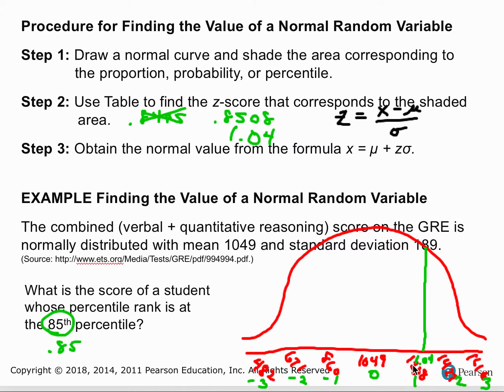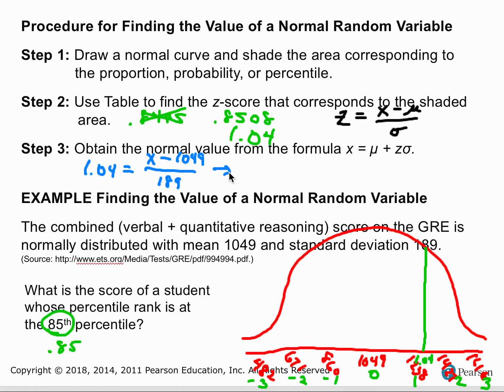Okay, so I know my z-score is 1.04. Let me get a different color here. Okay, I'm using this formula. I know my z-score is 1.04. This is what I'm looking for. I know my mean is 1049, and the standard deviation is 189.